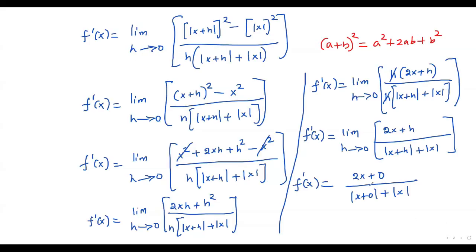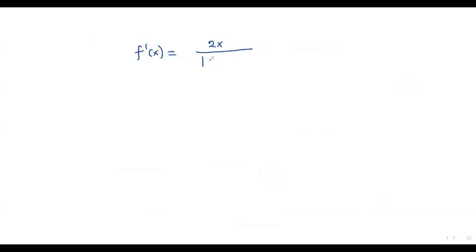Let me continue on the next page. Then f prime of x equals 2x in the numerator, and in the denominator the absolute value of x plus the absolute value of x, which becomes 2 times the absolute value of x.